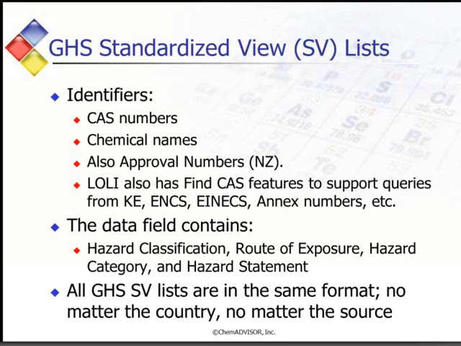The data fields for the standardized view list contain the hazard classification, the route of exposure, the hazard category, and the hazard statement. No matter which country, no matter what the source looks like, the standardized view lists are presented in the same format across the board.